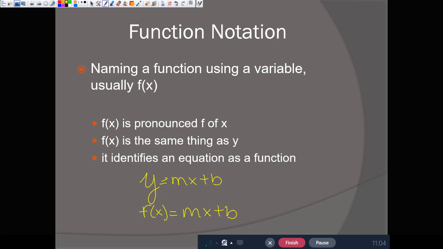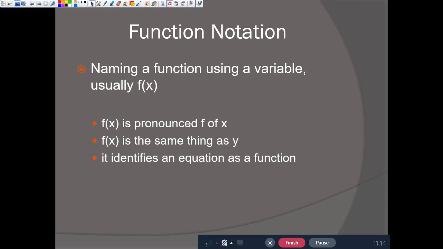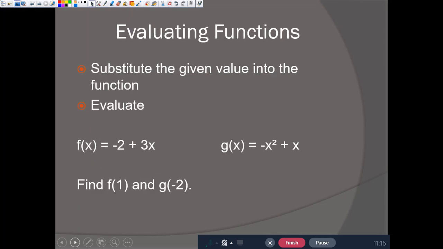So how we solve these, we substitute the given value into the function, okay, and then we evaluate. So for example here, I have the equation f of x equals negative 2 plus 3x, okay. When I'm looking for my f values, I'm going to substitute the f value that's in the parentheses in for every single x, okay.